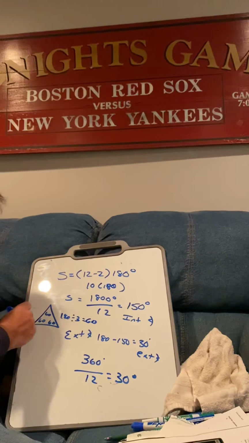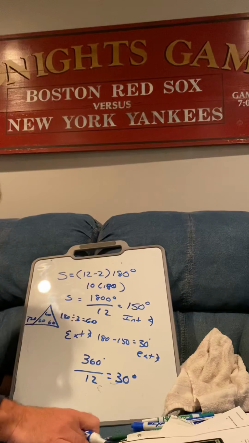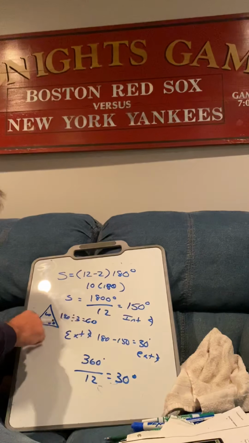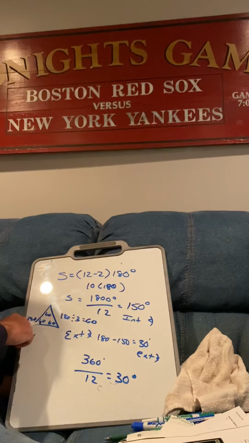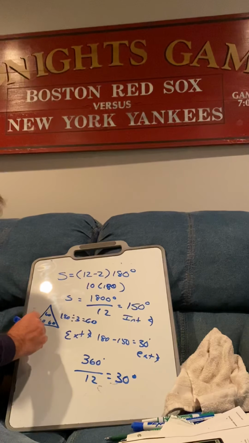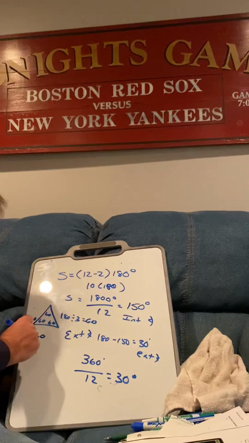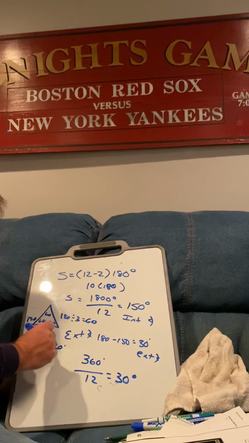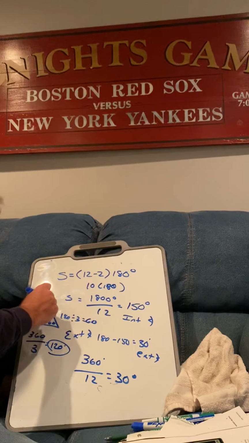Now, if I said to you, how do you find the exterior angle? Again, I could do 180 minus the 60 and get 120. Or, if the exterior angles are always 360, the sum, if I divide by 3, that's also how I end up with 120.